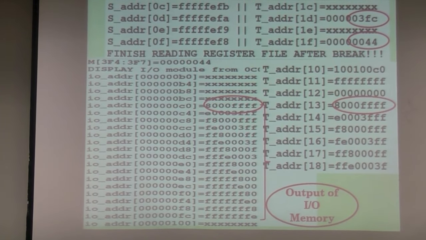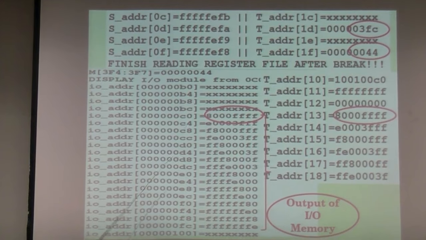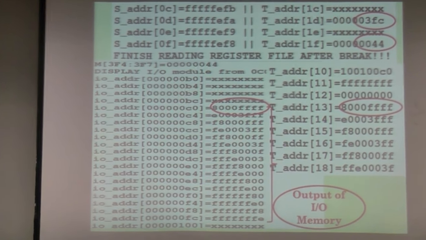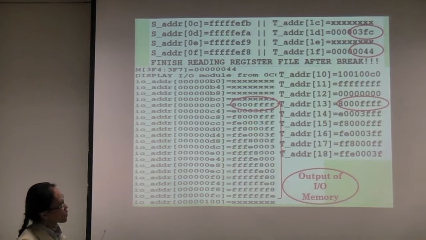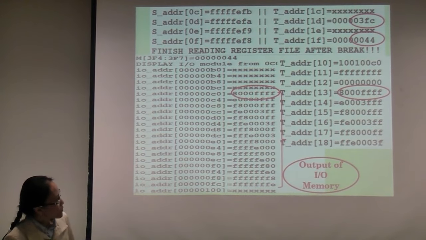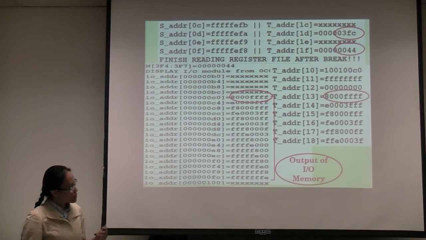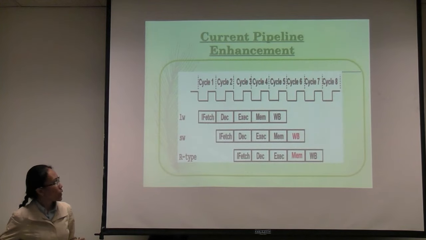So we can look at the stack, the stack pointer register 29, which is on the top right there, 1D, and the stack pointer content is 3FC. And this is the data memory, the content of the data memory starting from address C0 is the same as 80, it's the same as register 19. The content is the same, so it shows that it executes the right way.